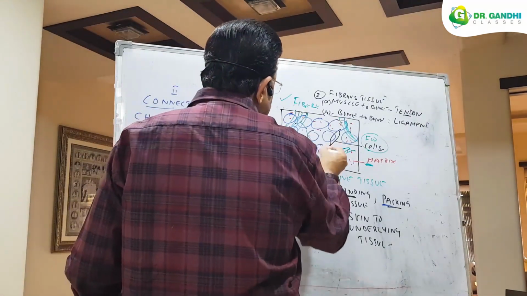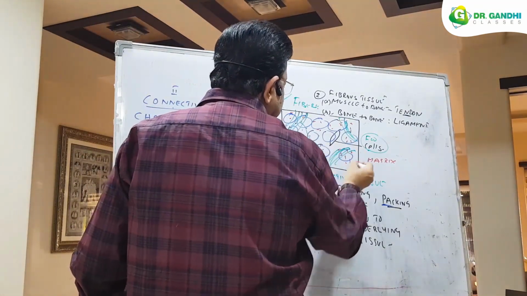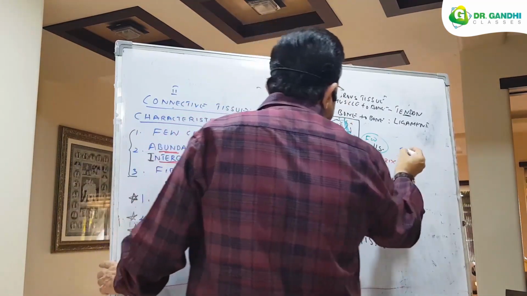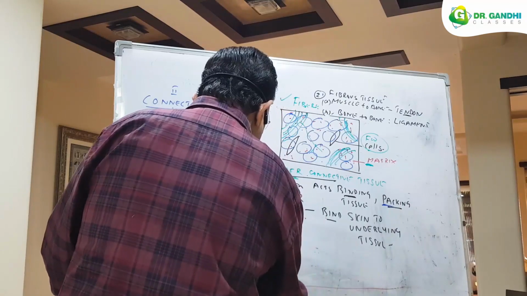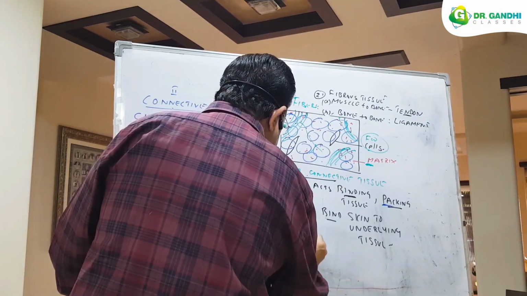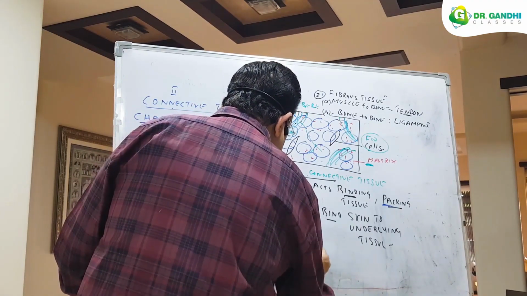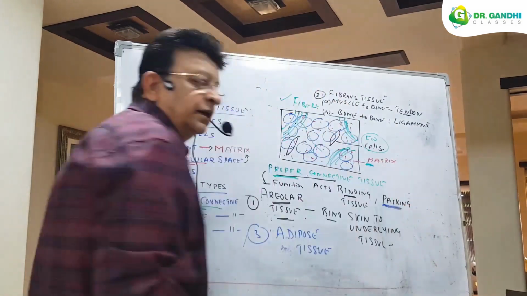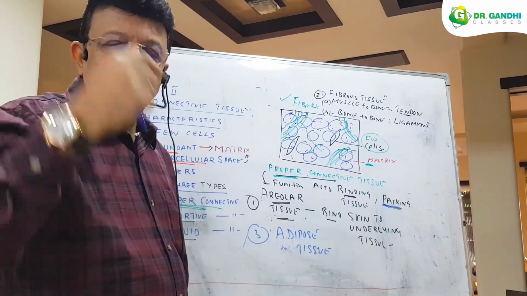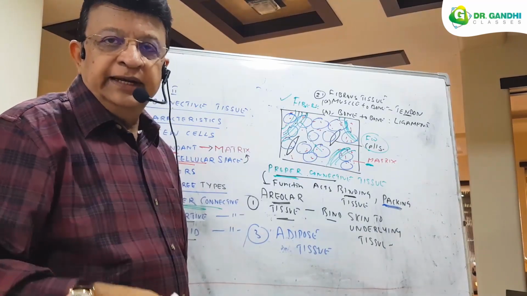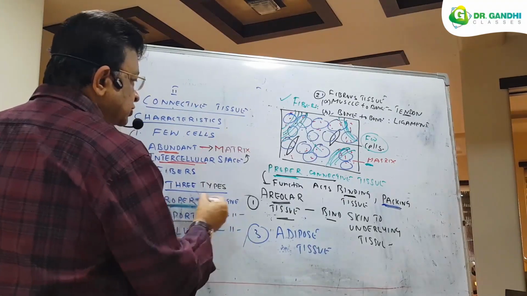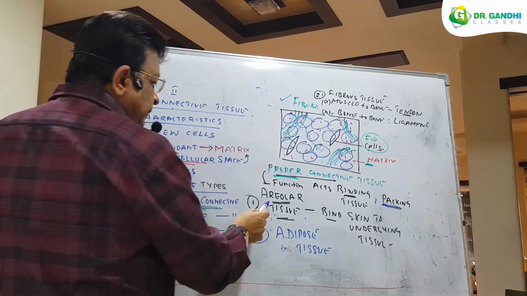The third proper connective tissue is known as adipose tissue. It acts as a packing material around the socket of the eyeball and around the kidneys, so it keeps it in place. This then was the first tissue, the proper connective tissue.